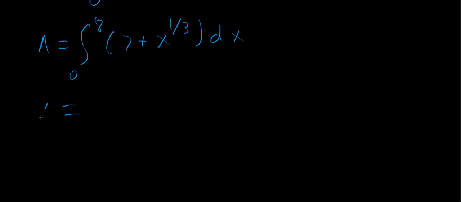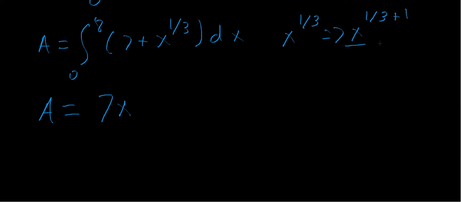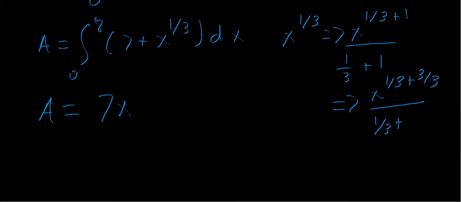So we now have the area equals 7x plus x to the 1/3. What happens to x to the 1/3? Well, x to the 1/3 goes to x to the 1/3 plus 1 over 1/3 plus 1, which is the same as x to the 1/3 plus 3/3 over 1/3 plus 3/3.